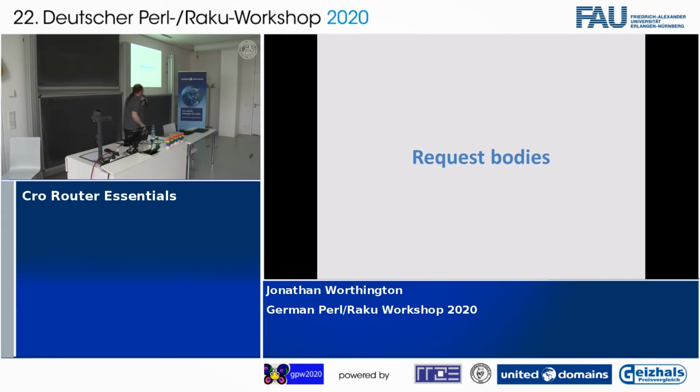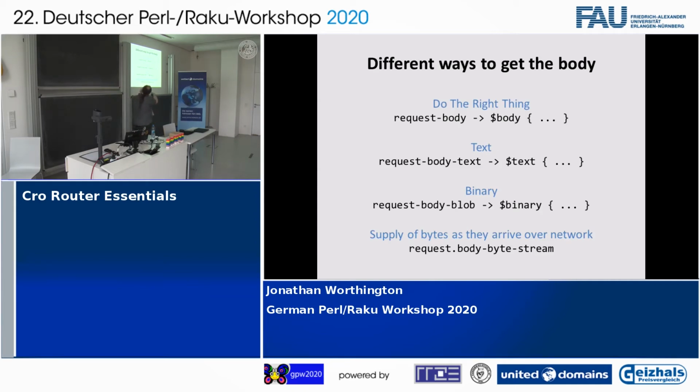Request bodies. Okay, so a lot of the time we don't just get given query string parameters or something like that. What we actually get sent is, for example, a form that gets submitted, or somebody posts some JSON to us. So we have a few different ways to get the request body, and these are listed from high level to low level.